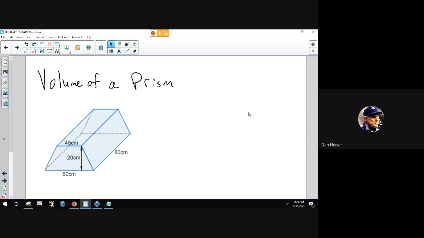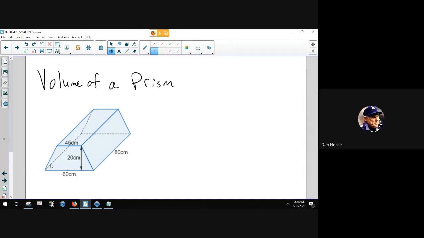Start with the volume of a prism. Here's a prism. It's not standing on its base. It's lying on one of its lateral faces. And this is where it really becomes important to know what is a base and what is lateral, because we need to multiply the base area times the height.